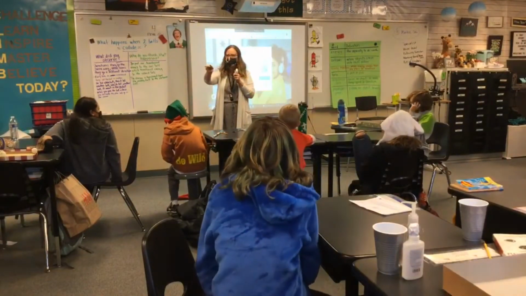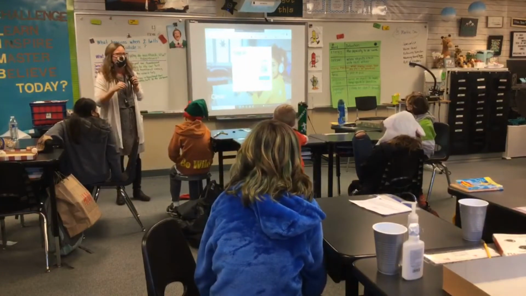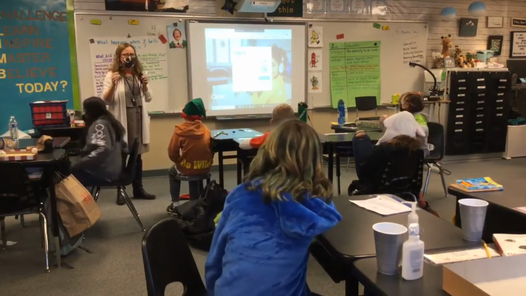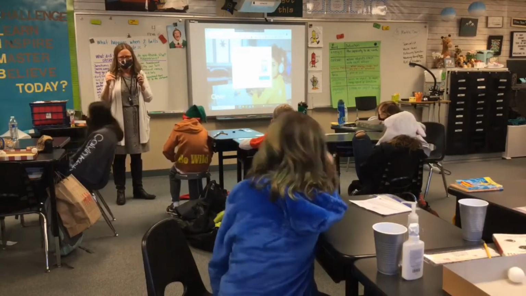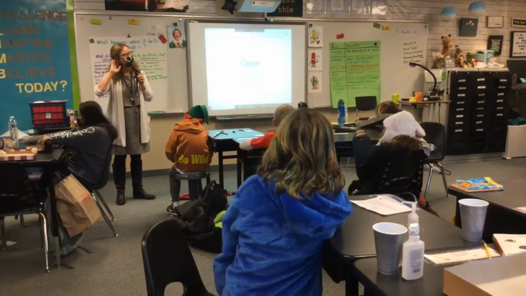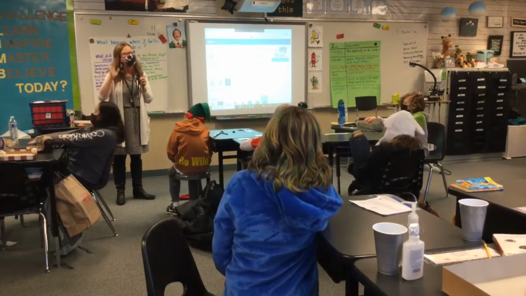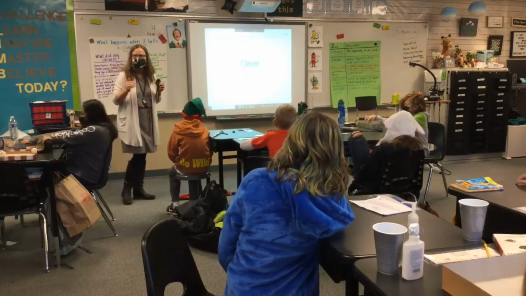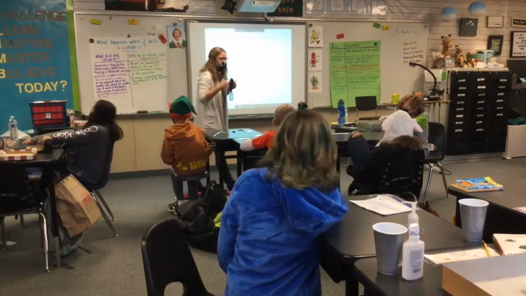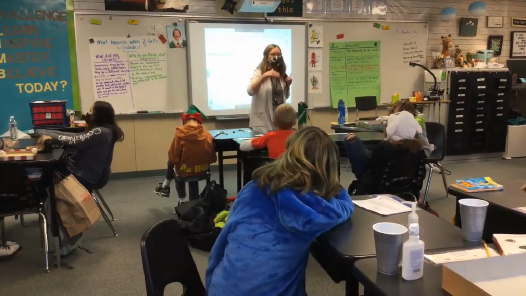Great. Super. Okay. So we had a soft flick and we had a hard flick. Which one has more energy? Hard or soft? Hard. Yes. There's more energy, and more energy is transferred from one ball to another.